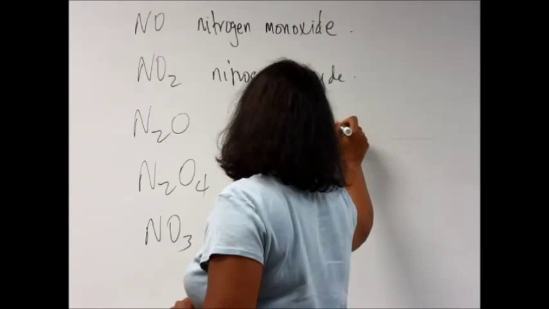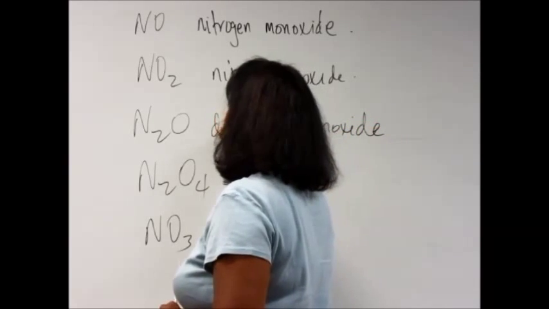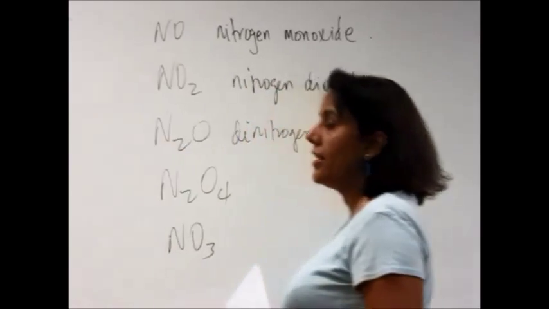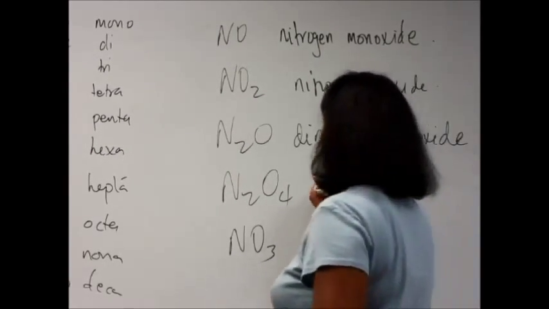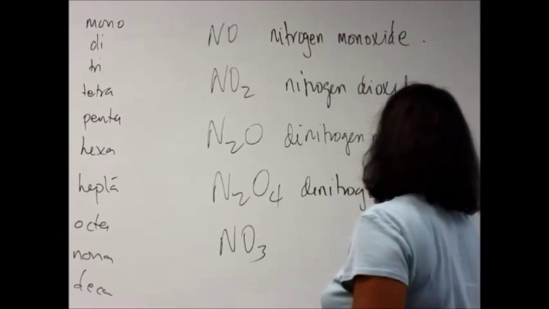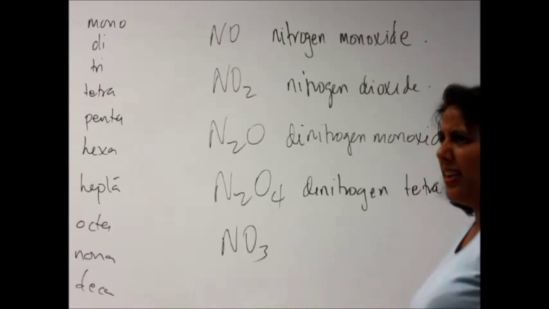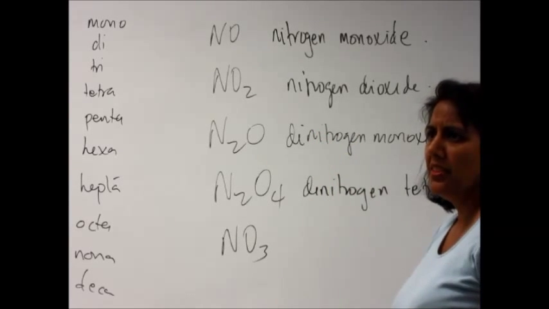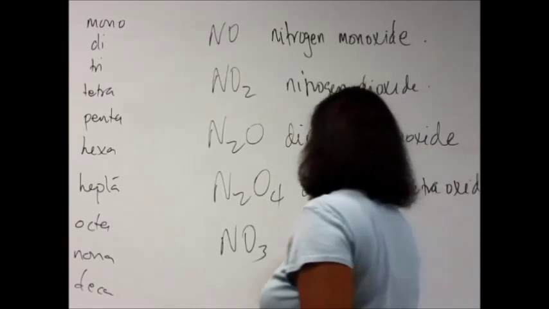And how many nitrogens do you have? So you're going to use the prefix. All right, dinitrogen monoxide. Dinitrogen. Very good. Dinitrogen tetroxide. Very fine there. And then nitrogen trioxide. Very good.